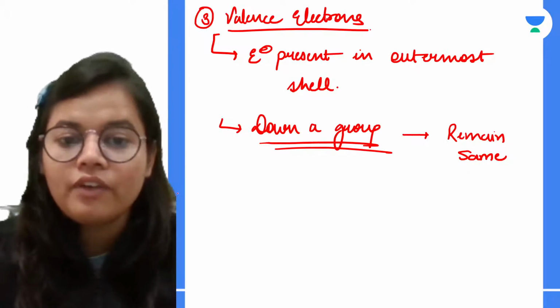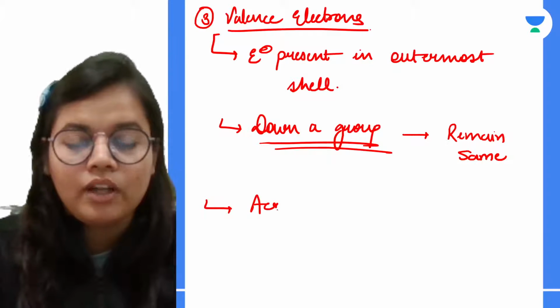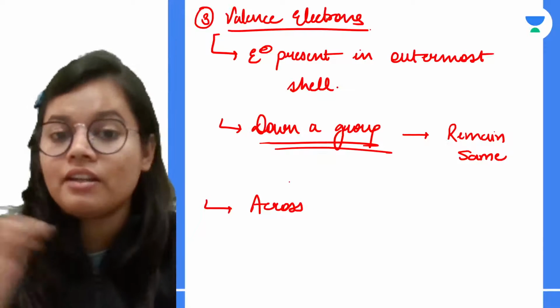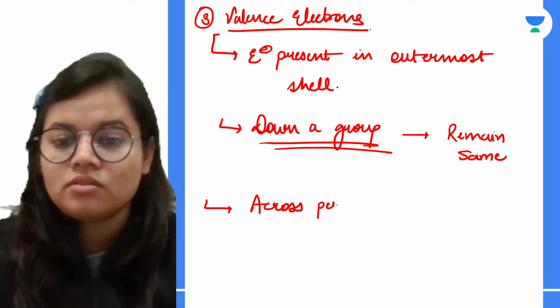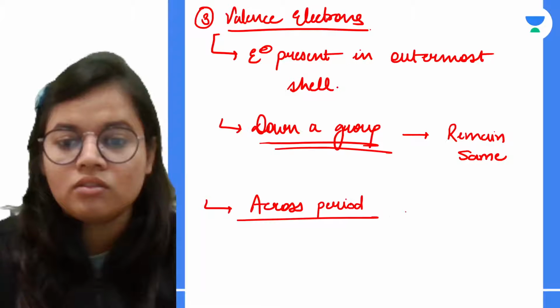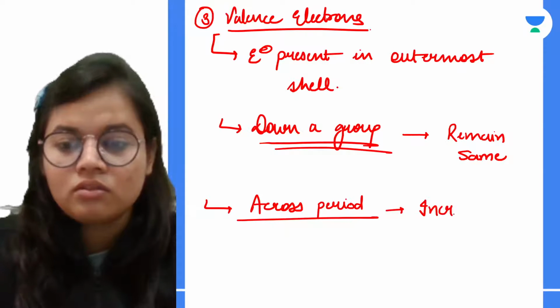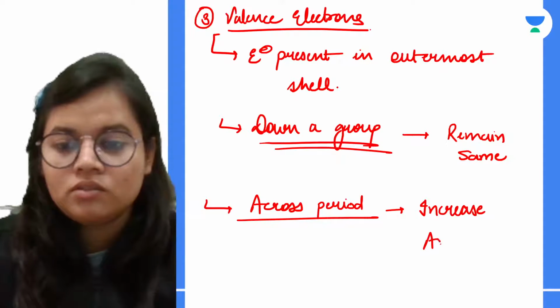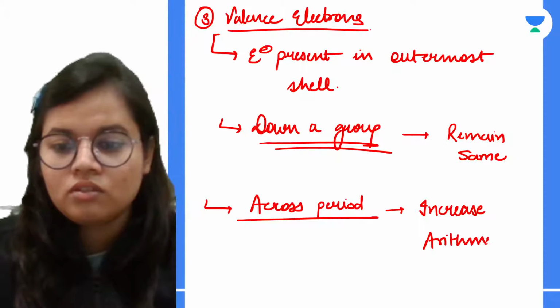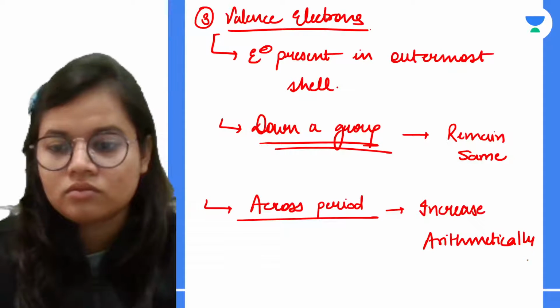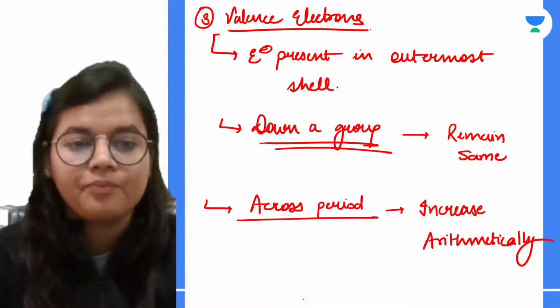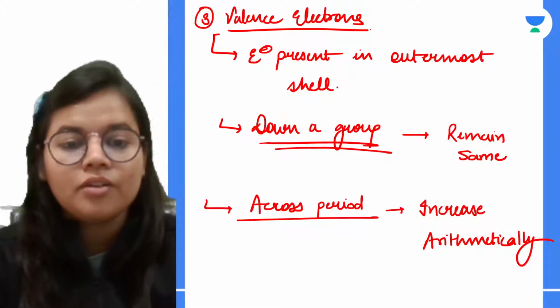And as we are moving across a period, what happens? They increase arithmetically. Got it, everyone?